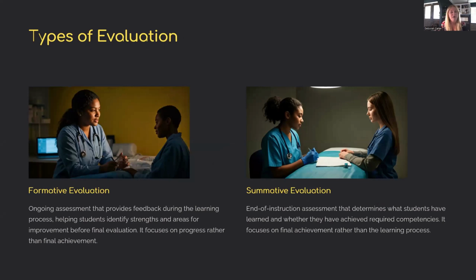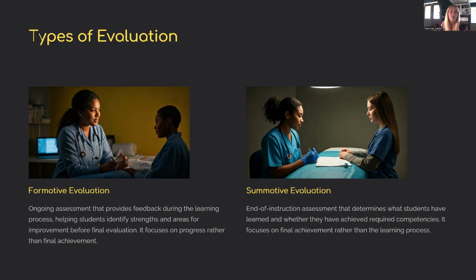The types of evaluation: there are two types, and you'll need to be really familiar with both of these if you're not already. Formative and summative. Each has a very distinct purpose, and understanding the appropriate application of them is critical.